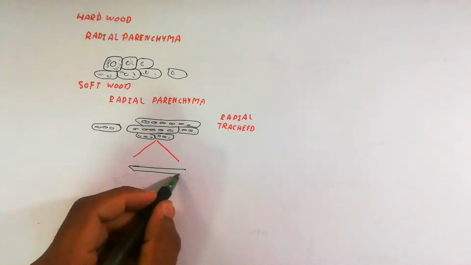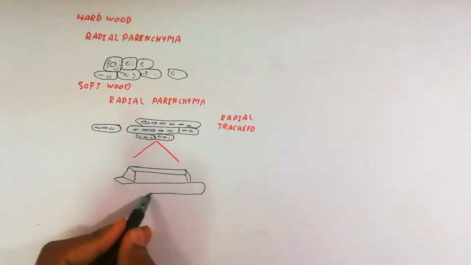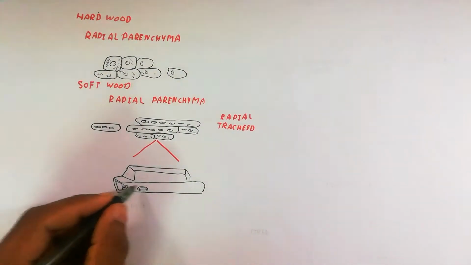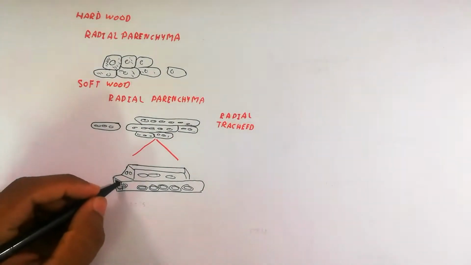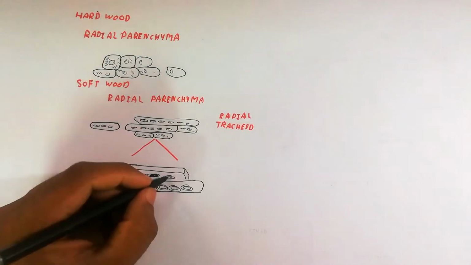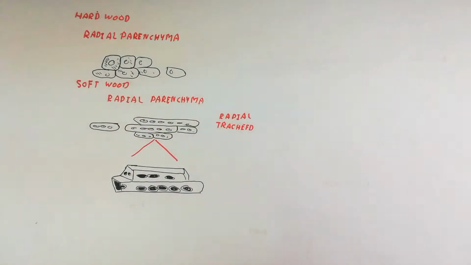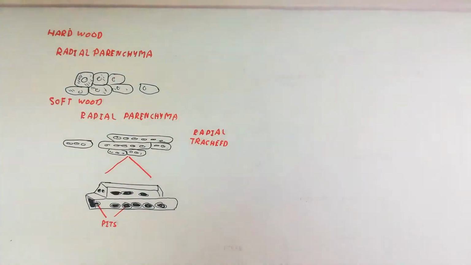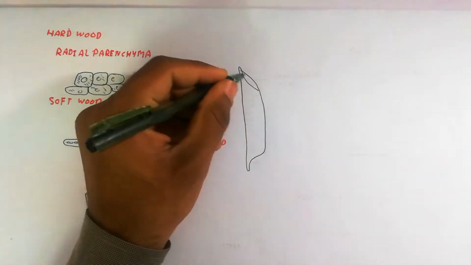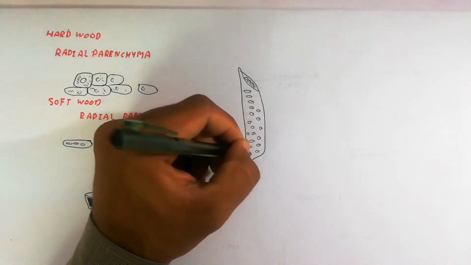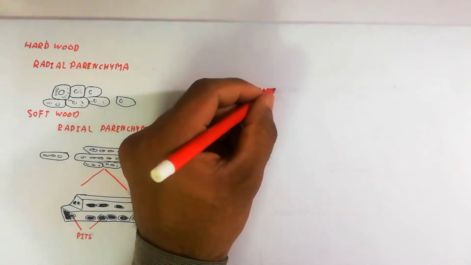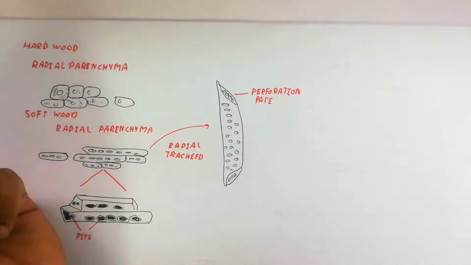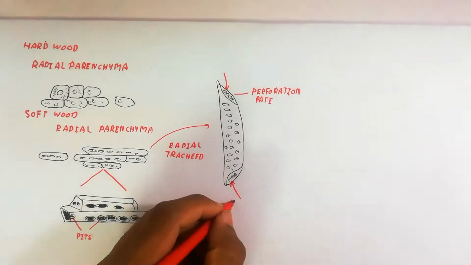Softwood has radial parenchyma present on the lateral side of the cambium ring, running downward in radial form. Here are different types of pits present in the radial tracheid. The radial parenchyma contains radial tracheids, and the tracheids have pits for the conduction of water.